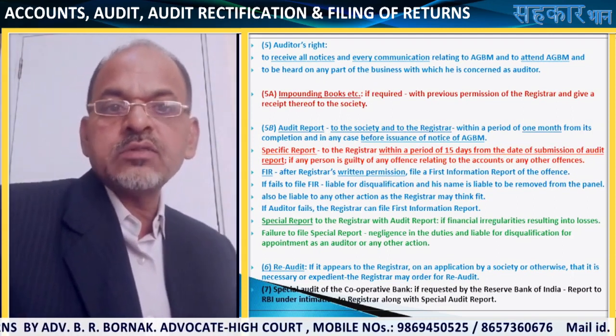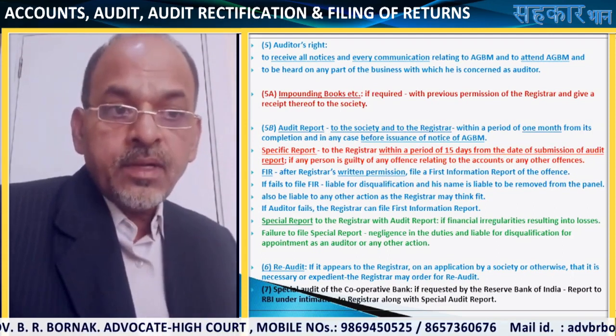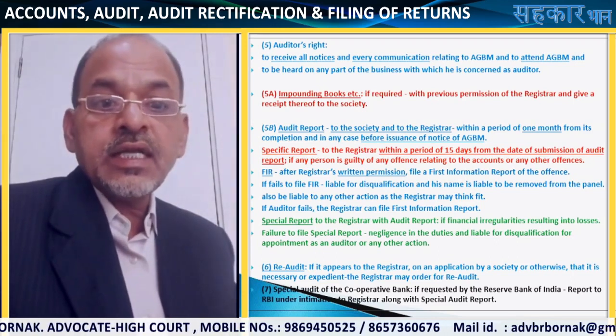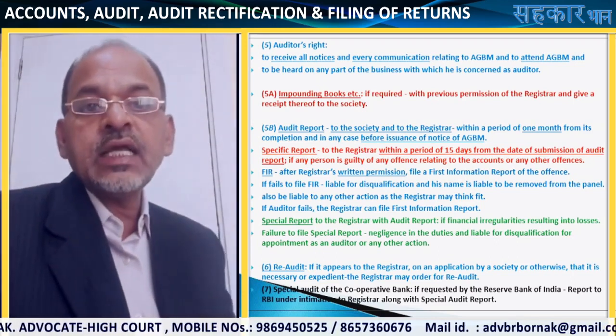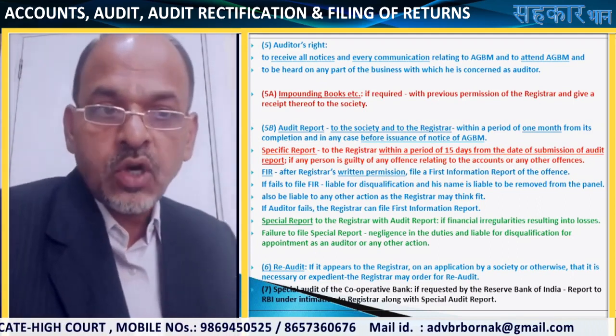The special report is to be submitted to the registrar with the audit report if financial irregularities resulting in losses to the society are noticed by the auditor during the course of his audit.